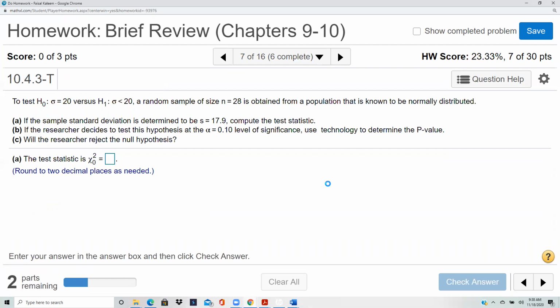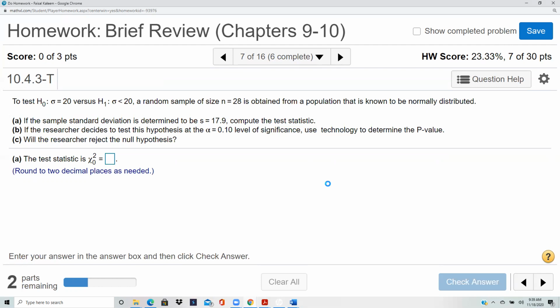Test statistic. So how is the test statistic done? Would it be with variance stats?